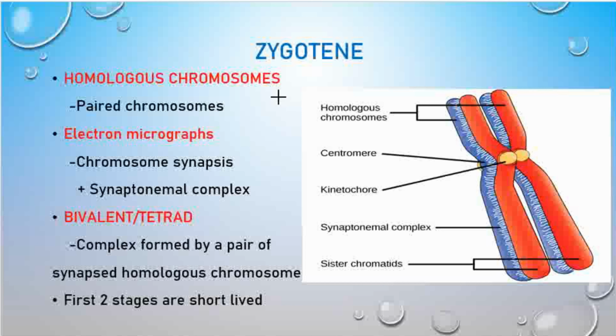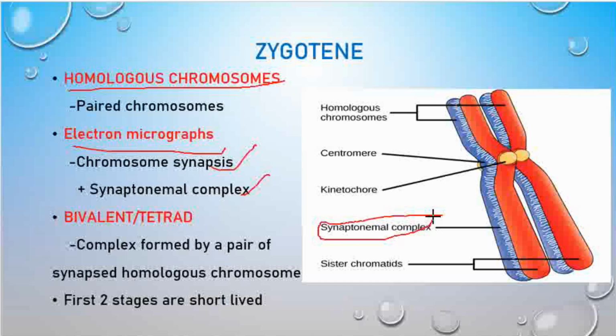Coming to the zygotene, there are homologous chromosomes. The paired chromosomes you call homologous chromosomes. If you see in an electron micrograph, you will see chromosome synapsis and also a synaptonemal complex. As you can see in the picture, this is the synaptonemal complex.